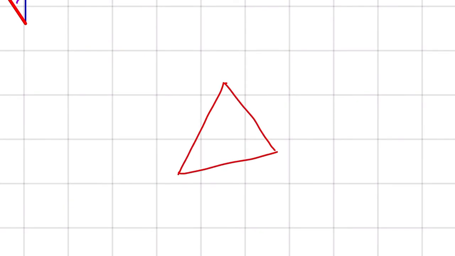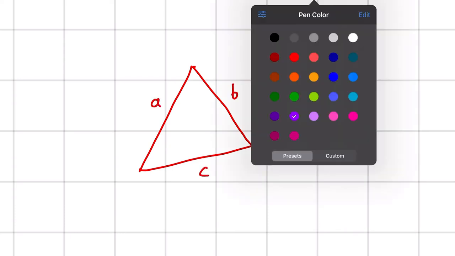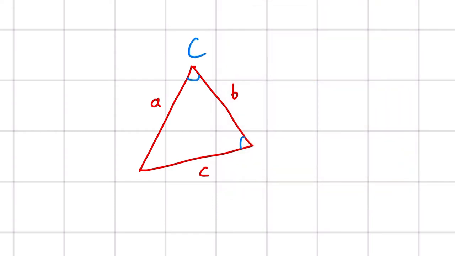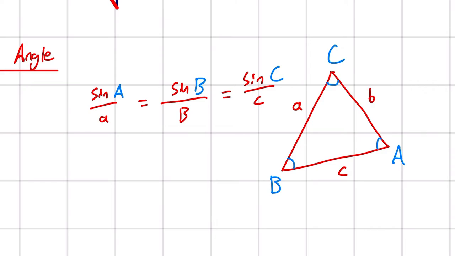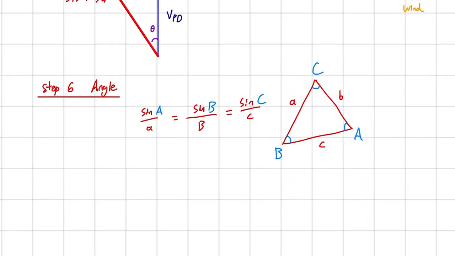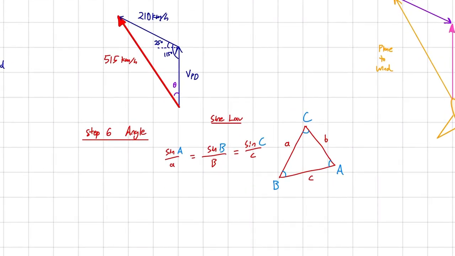So say we have a triangle with unknown side lengths C, B, and A, and then we have angles C, angle A, and angle B. Well, the sine law, if you remember, tells us that sine A over A is equal to sine B over B, which is equal to sine C over side length C. So this is the sine law, and this is what we're going to use to find our angle theta.